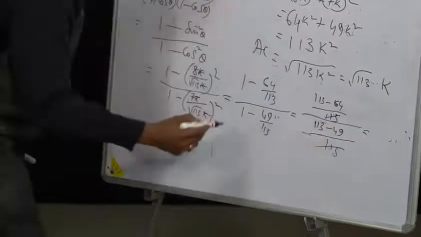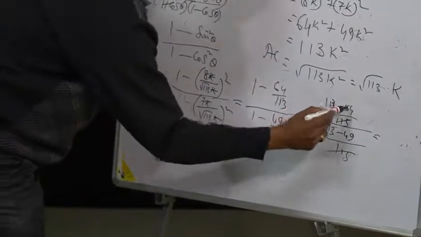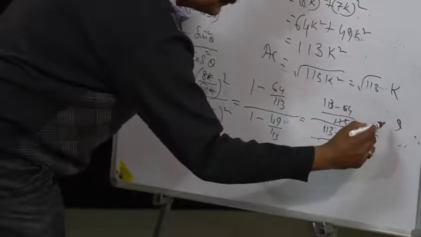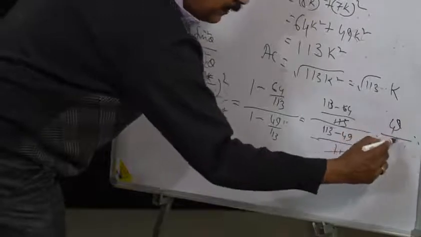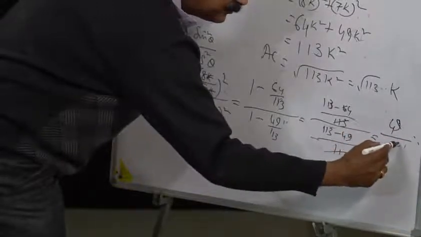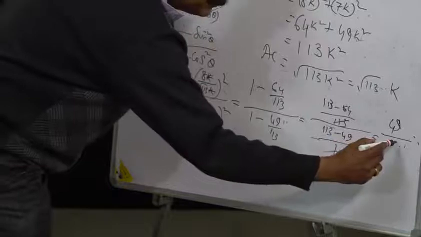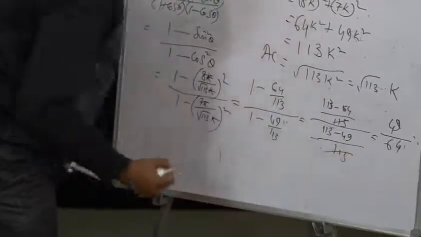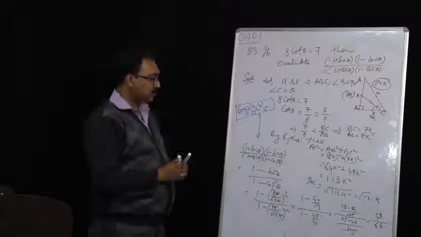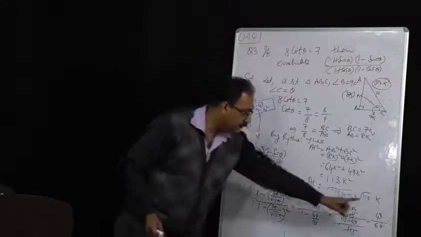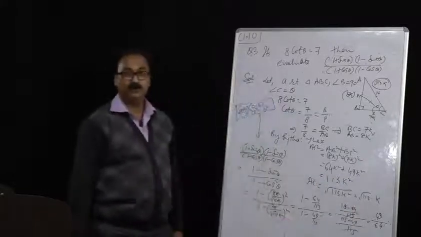You will be getting how much here? 113 minus 64 is 49, and here you will get how much? Tell me. 64. So this is the way we can find this value, it is 49 by 64.